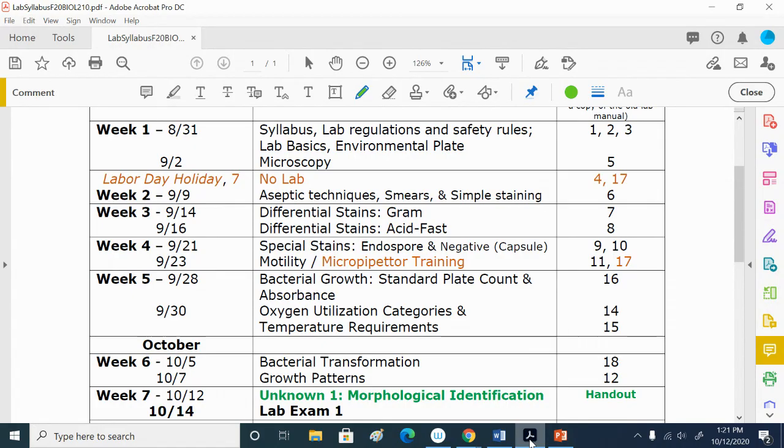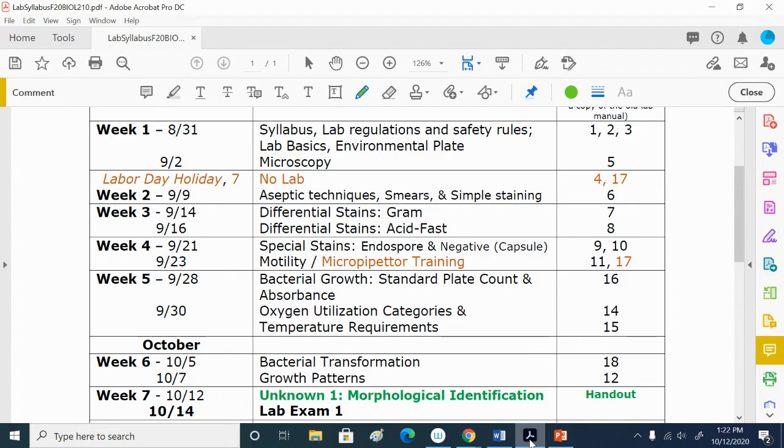So how do we do the gram stain? What are the 4 components? First you put the crystal violet.